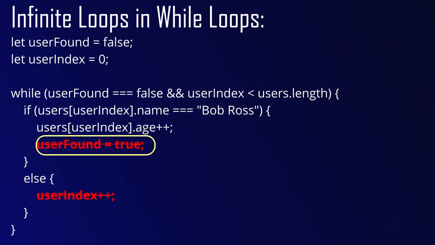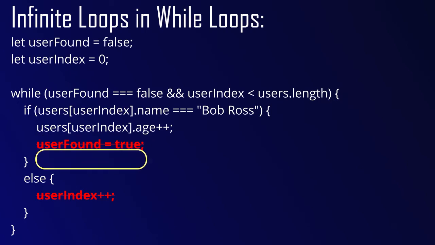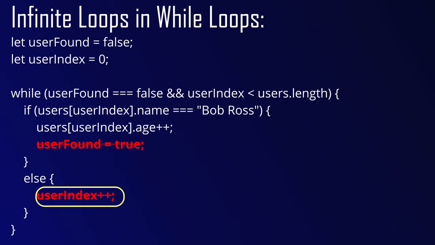An infinite loop can also occur when you do not update the variables necessary to end the loop. Because while loops require you to manually create and manage the variables necessary to end the loop, it's very easy to forget to update these variables in the loop body.